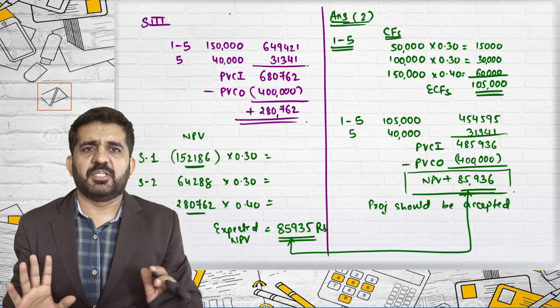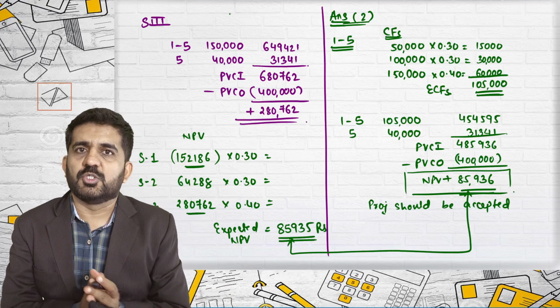Whatever the difference, 1 rupee is the difference, it is rounding. Otherwise, these two answers will be the same.